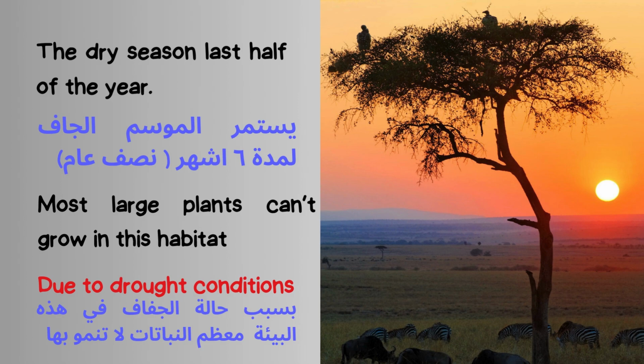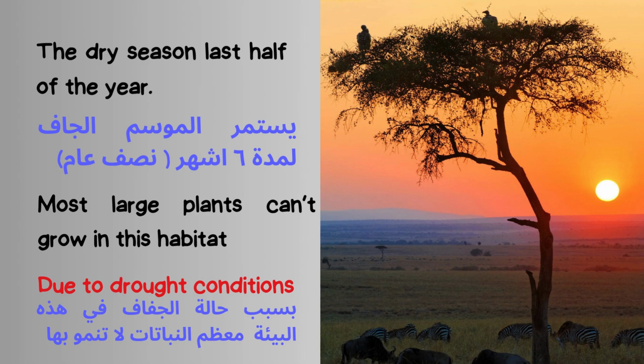So here, the acacia tree needs to adapt to this drought condition. Many trees can't grow in this environment because of the extreme lack of water, but the acacia tree can adapt to this environment and this drought condition. So here, if we have a question, why can't most large plants grow in this habitat?